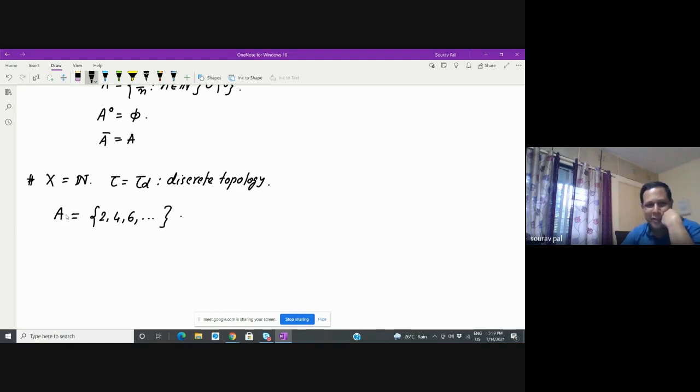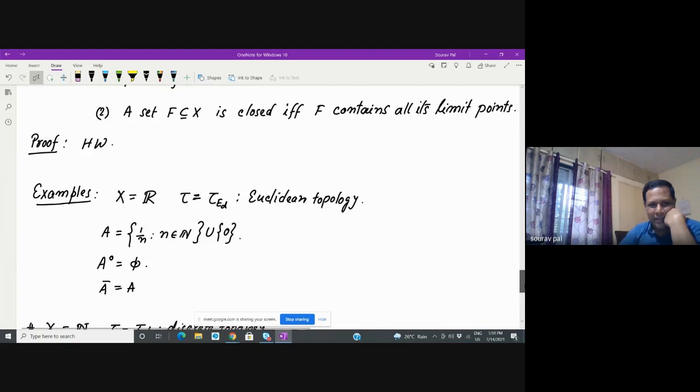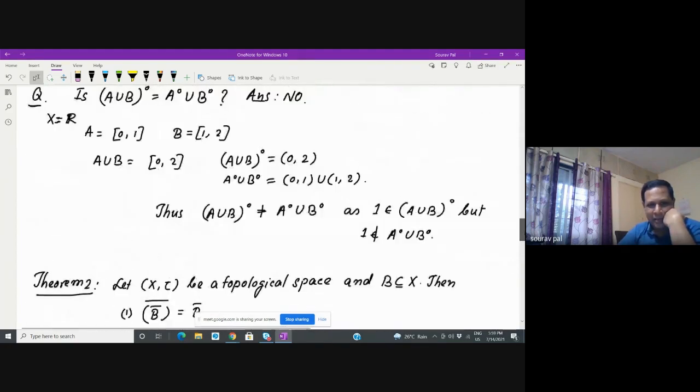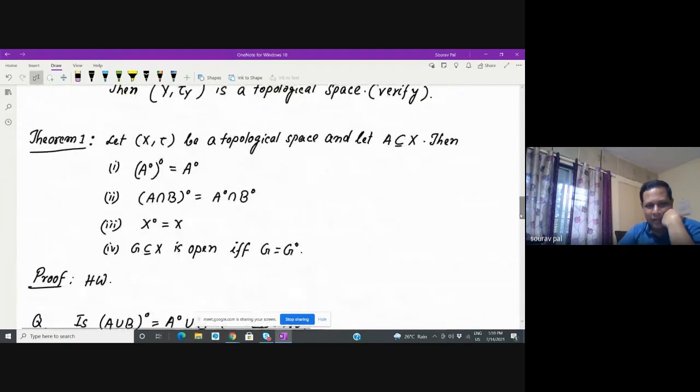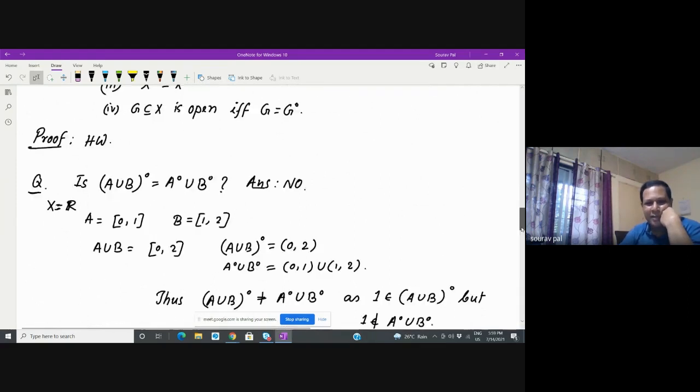Yes. Since every subset is open, A is open. And if A is open, it is equal to its interior. That's what we have learned, right? If we just go back, what he is saying is absolutely correct. G is open if and only if it is equal to its interior. And what is the interior? That is the largest open set contained in it.